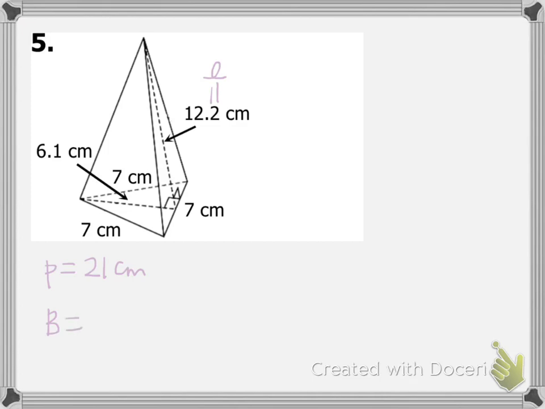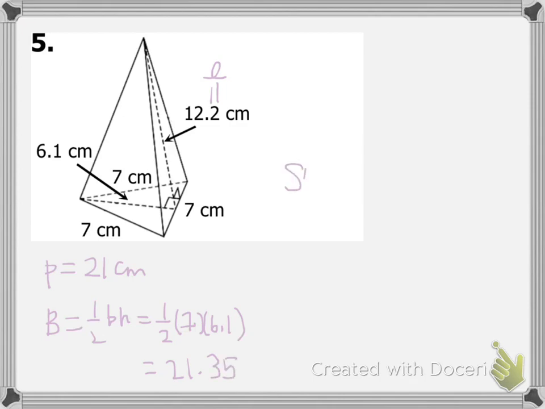The area of the base is going to be 1/2 times your base times your height, which is 1/2 times 7 times that height, which is 6.1. So that's going to be 21.35.